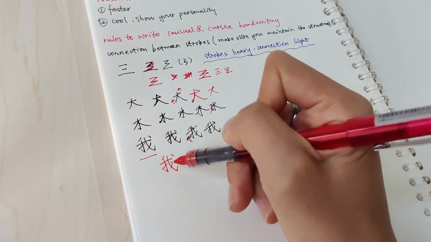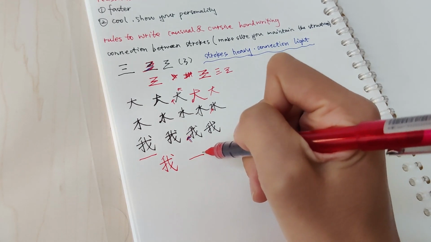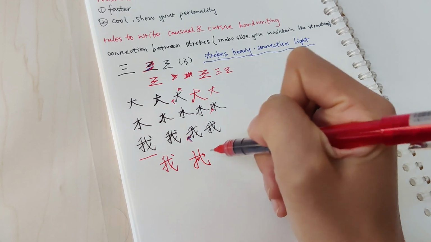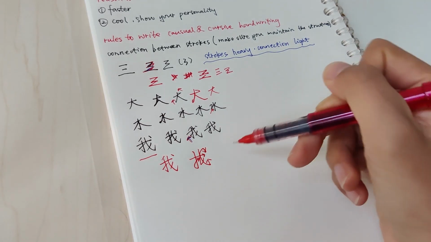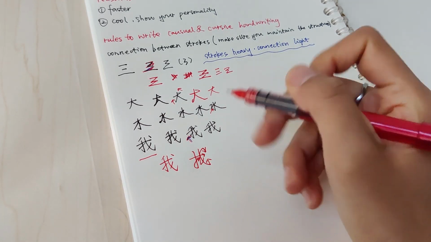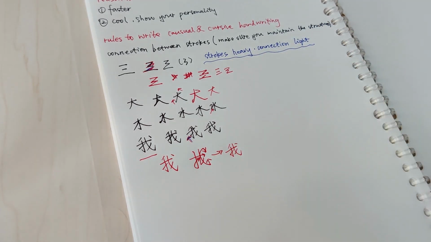You kind of follow the order. So the whole structure, it's kind of like this, and then to this, and then to this, and then to this. Okay, so you follow the order. When you want to write faster, you just write it with the order.